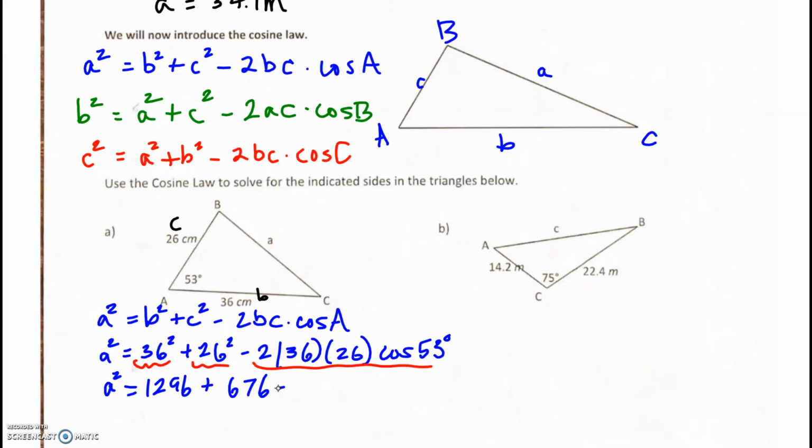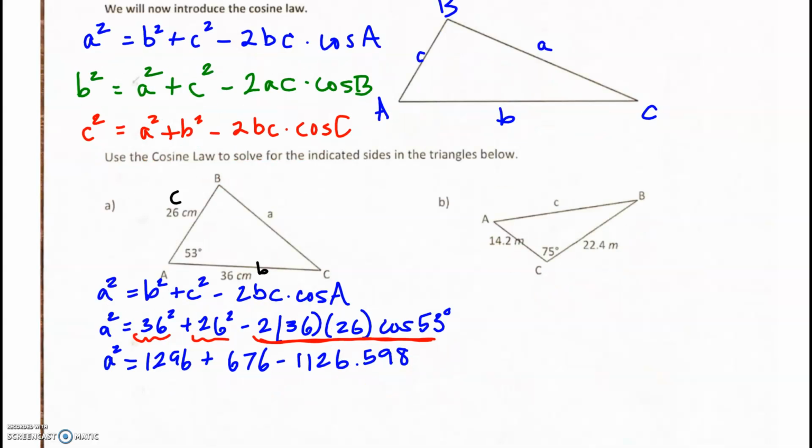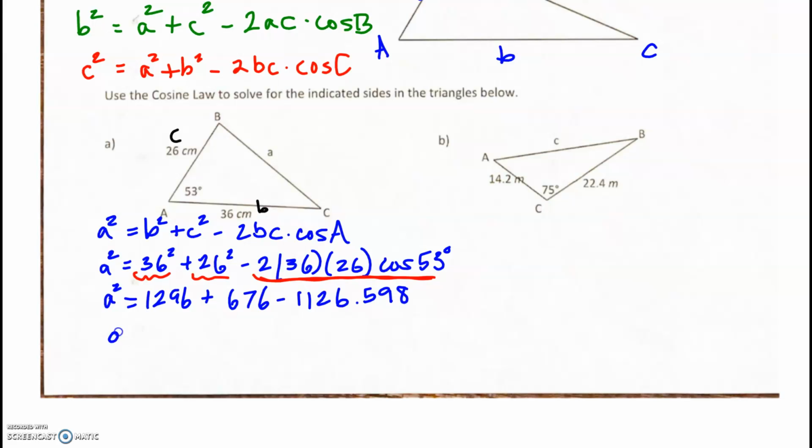And now I'm going to do everything that I have underlined right here all in one shot. 2 times 36 times 26 times cos 53. Okay, and when I do that, I get 1,126 point. Now this is not my final answer, so I'm going to keep 3 numbers after the decimal to make sure my final answer is accurate.